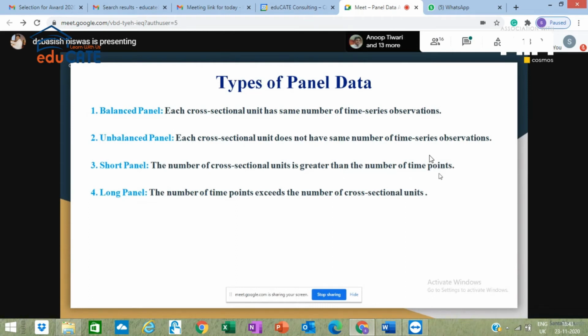Just to remember the first example, we have considered 17 states. That is, the number of cross-sectional units is 17. But the number of time periods was only 3. So if the number of cross-sectional units, that is 17, is greater than the number of time points, that is 3, then that type of panel will be called a short panel.